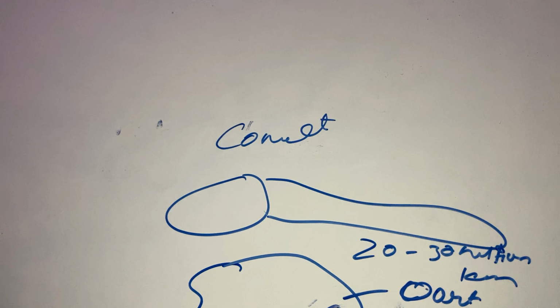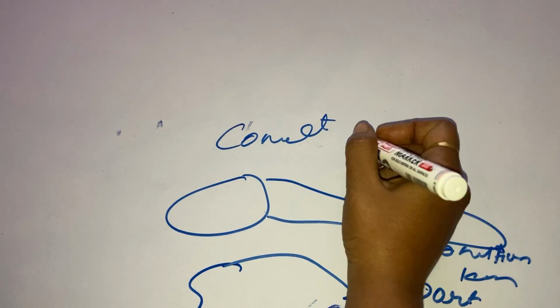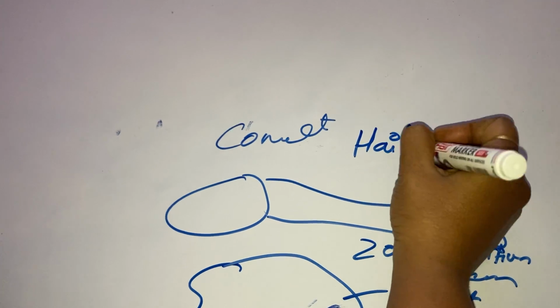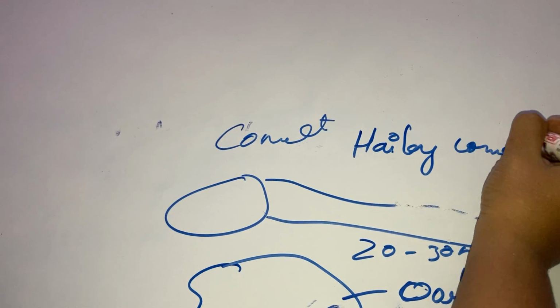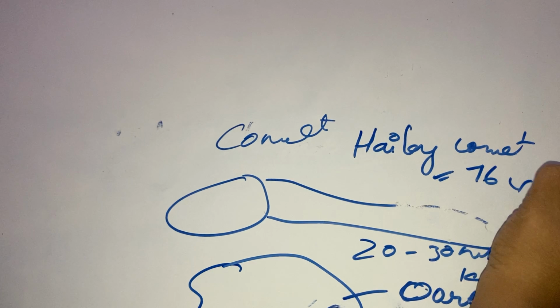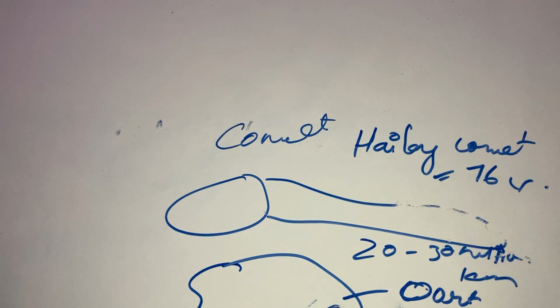Halley's comet appears every 76 years, and comet Shoemaker-Levy 9 collided with Jupiter on July 16 to 21, 1994.